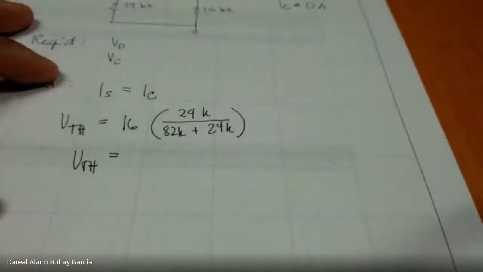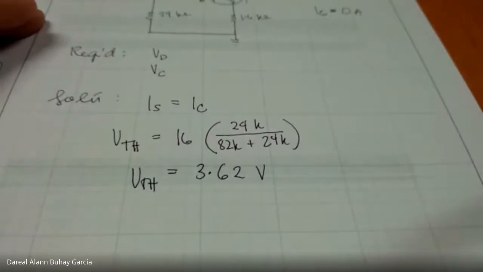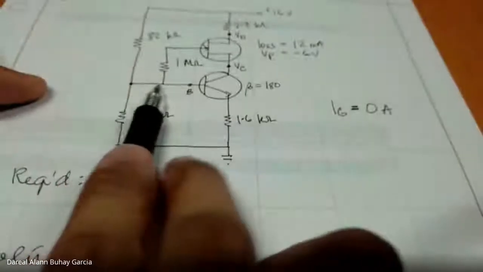So, VTH is equal to VCC times 24K over 82K plus 24K, which is 3.62 volts. KVL din doon dire.